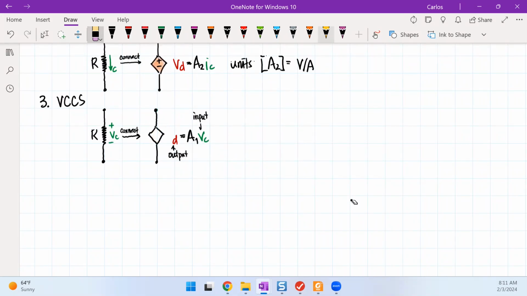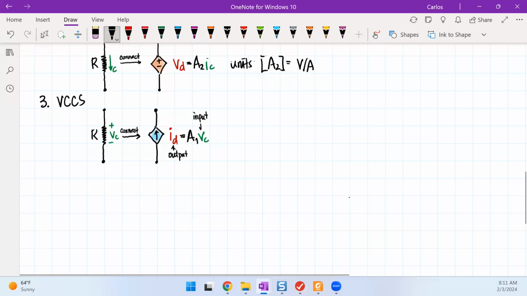If I have a voltage controlled current source, then I have a different type of source, and this guy is now going to have a current that's controlled by the voltage.